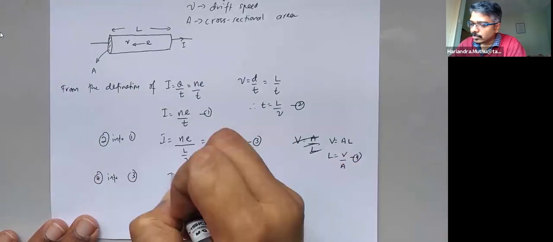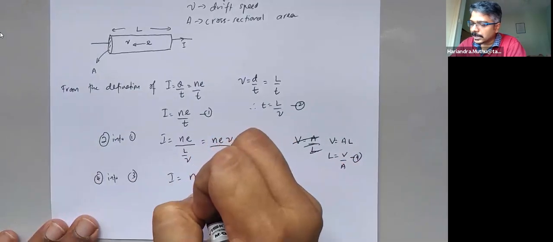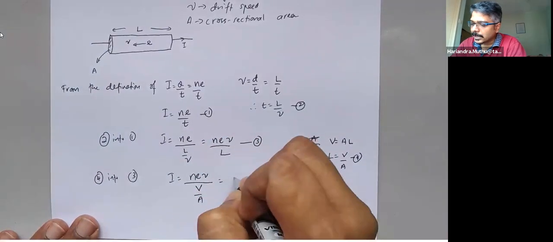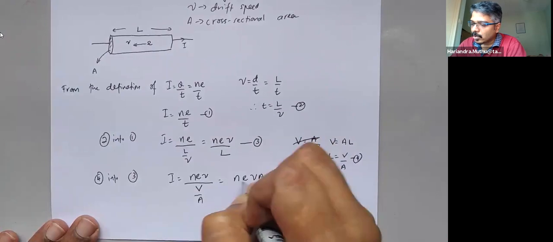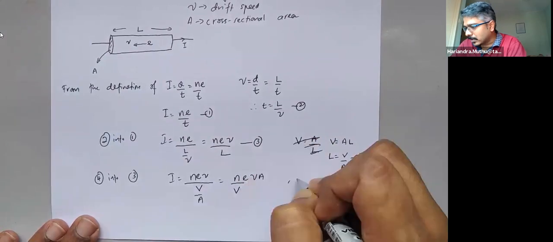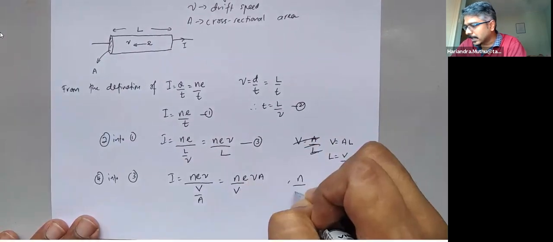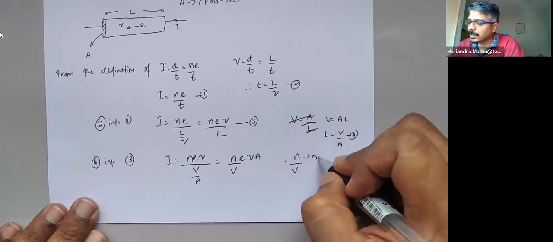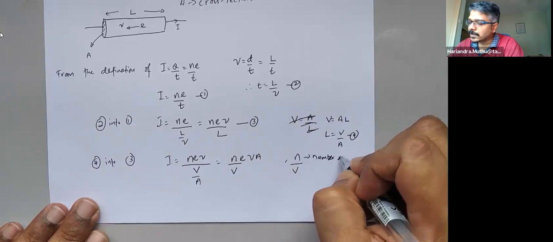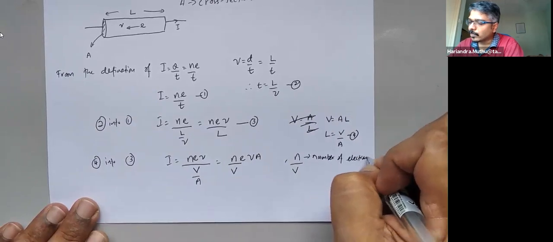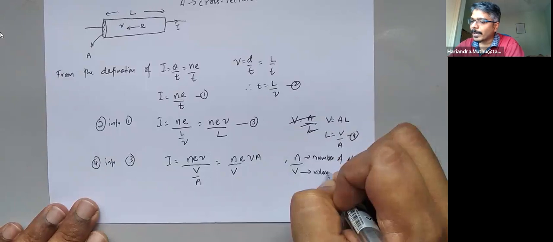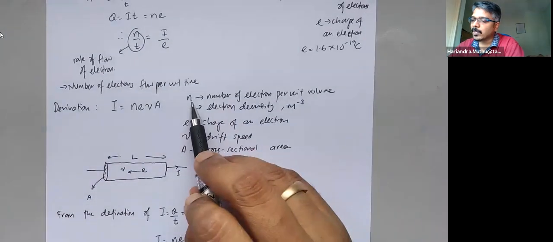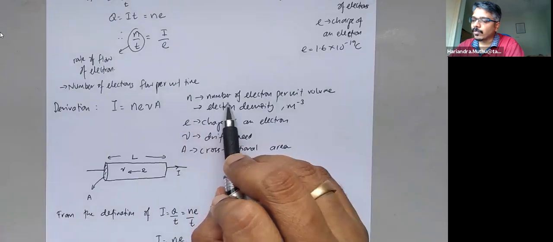So I equals N e v A over V, where N over V is the number of electrons over the volume. By definition, it is the number of electrons per unit volume.